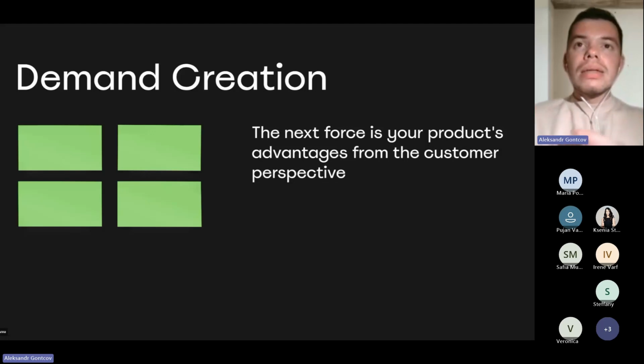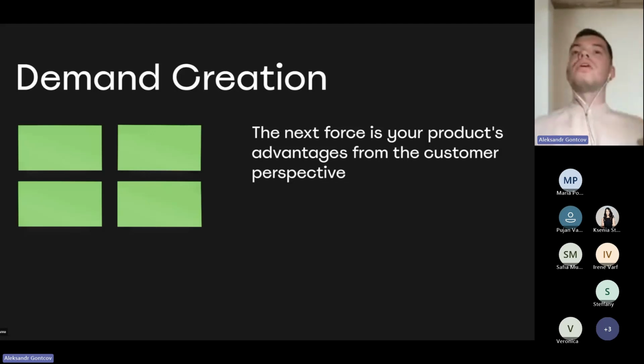So in this part of the map, think about your advantages that in the eyes of a customer really work well. And in this case, really think about the wow effect, when a customer says, oh, I absolutely love this function on your platform, or I am absolutely fascinated with this particular element of your design.